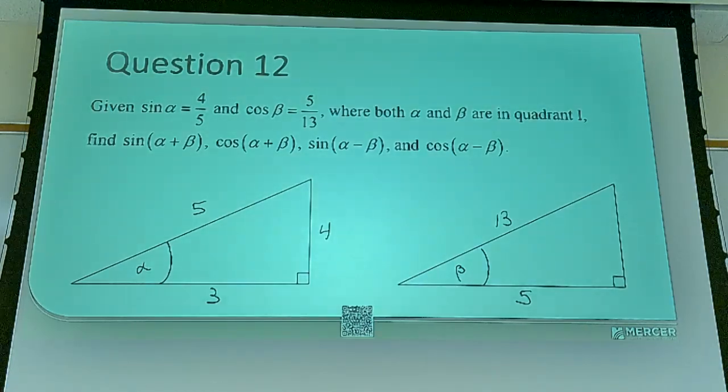Pythagorean theorem. What's 13 squared? It would have to be greater than 12 squared, right? So what's 12 squared?